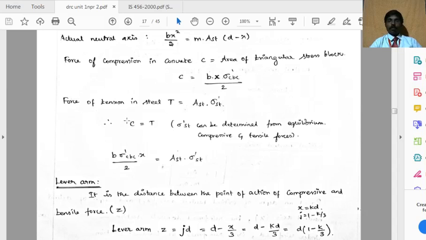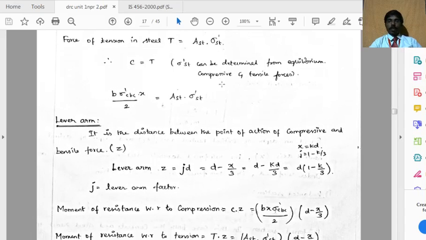Likewise, the force of tension in steel T is calculated as capital AST into sigma ST. By equating the compression force and the tension force, we get B into sigma dash CBC x divided by 2 is equal to AST into sigma dash ST.